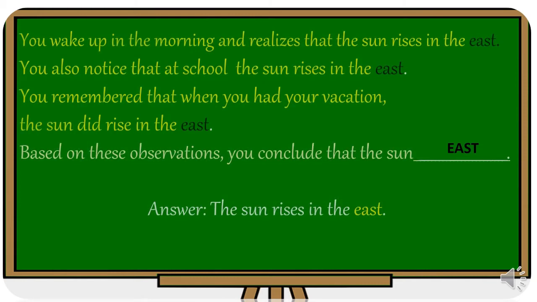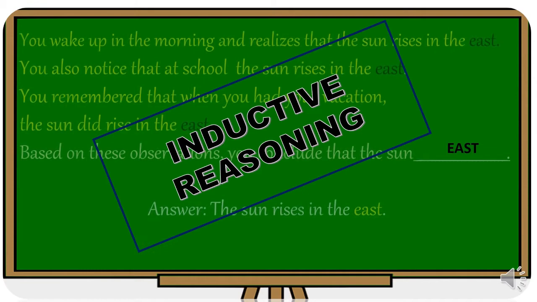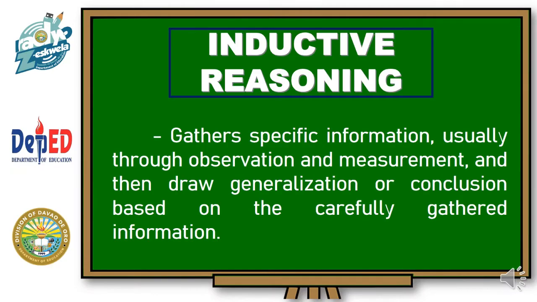This kind of logical reasoning is called inductive reasoning. An inductive reasoning gathers specific information, usually through observation and measurement, and then draws generalization or conclusion based on the carefully gathered information.